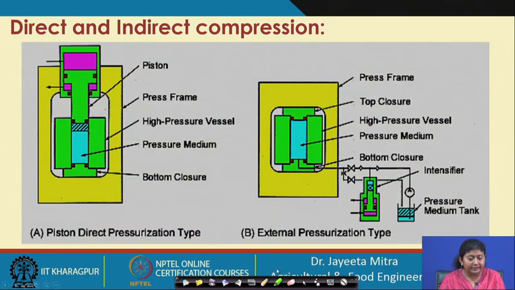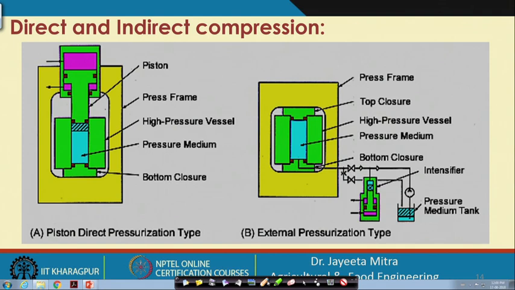Direct and indirect compression: in diagram A, which shows direct compression, a piston is used to directly pressurize the fluid, the pressure medium. There is a bottom closure, the piston, a press frame and a high pressure vessel.